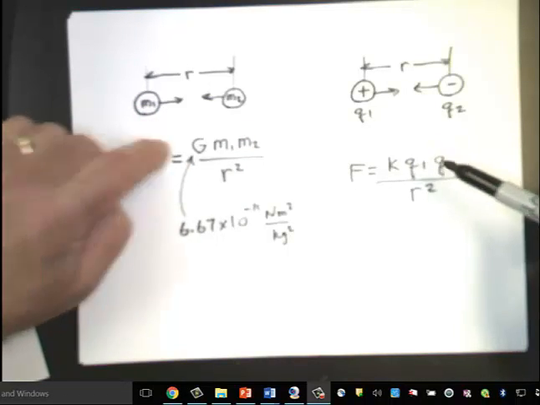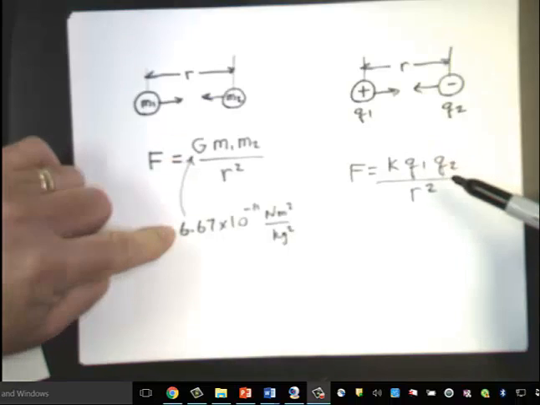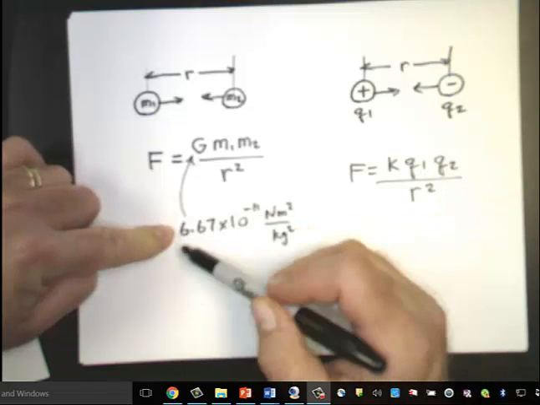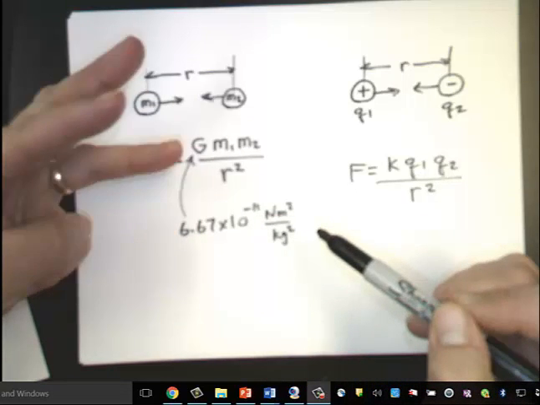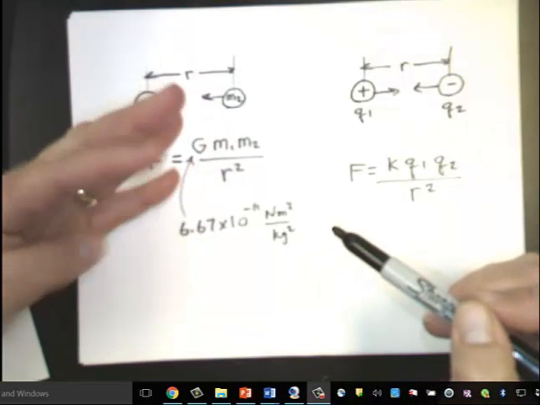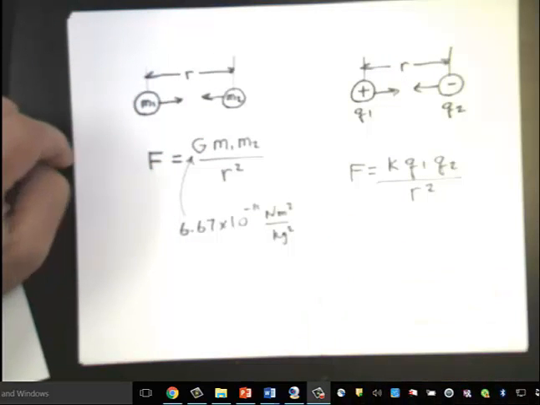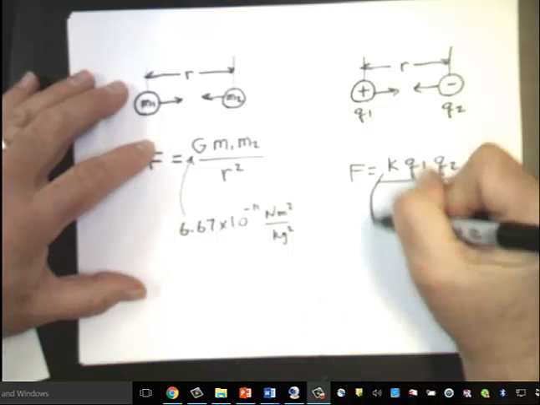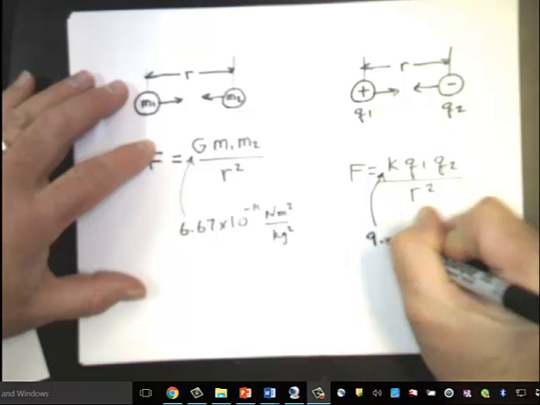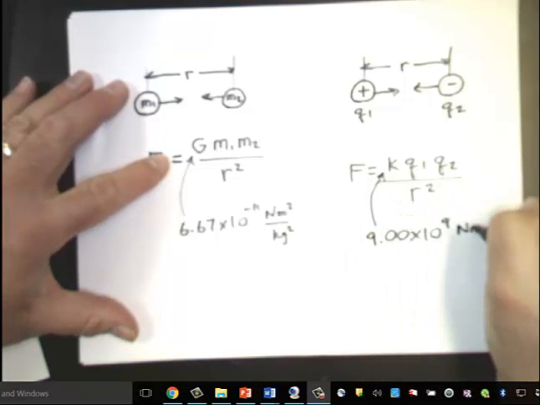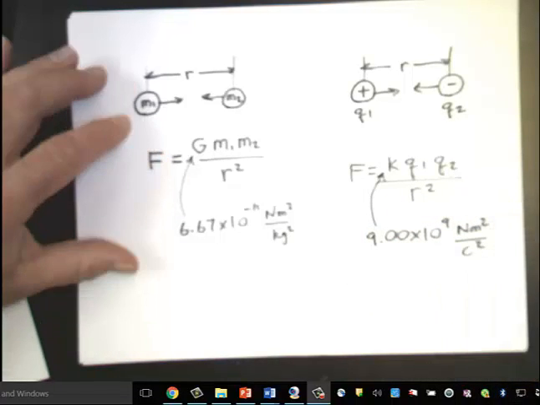Another huge difference is that this constant here for gravity is tiny. It's really small. 10 to the negative 11 is like 0.0000000000667 Newton meter squared per kilogram squared. This guy here is actually 9.00 times 10 to the 9 Newton meter squared per Coulomb squared.